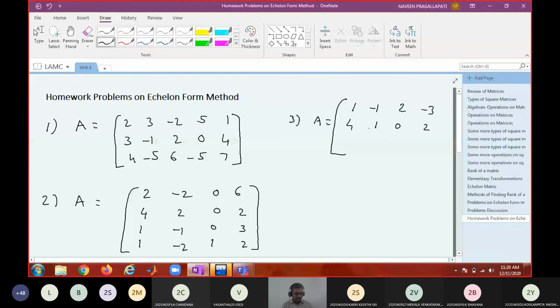Correct. Rank is 2. Sir, rank is 3, sir. Third row, first element, you make it as 4. Yes, sir. Then we are getting rank 2 only. Yes, sir. 2.